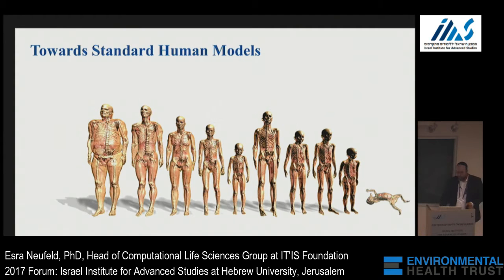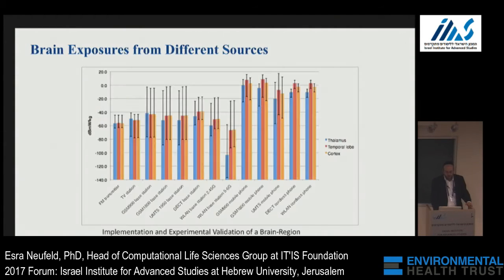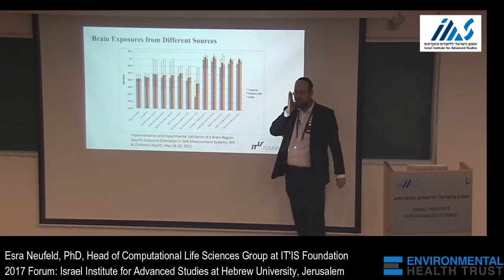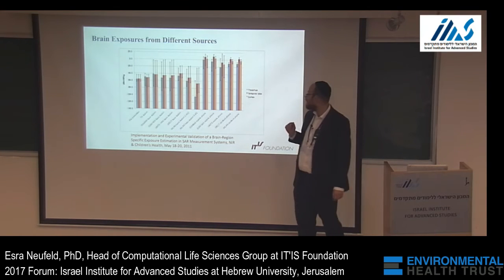And we will be using repeatedly these type of anatomical models that I've already talked about. And this is a bit of a starting point. That was an attempt to put together the type of exposure that people see in an environment. And what you will see is the highest type of exposure that we get is exposure from things close to the head, because of the simple proximity effects.